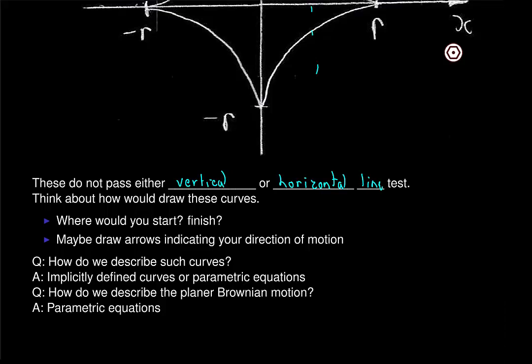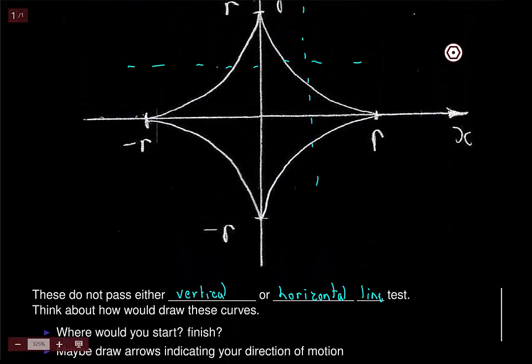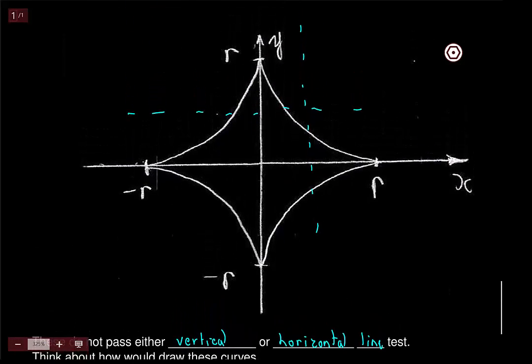So if we're going to describe them, we should also think about how we would draw them. Let's look at this and ask ourselves, where would we start and where would we finish? And maybe we could indicate the direction of motion. This is an important and useful exercise.